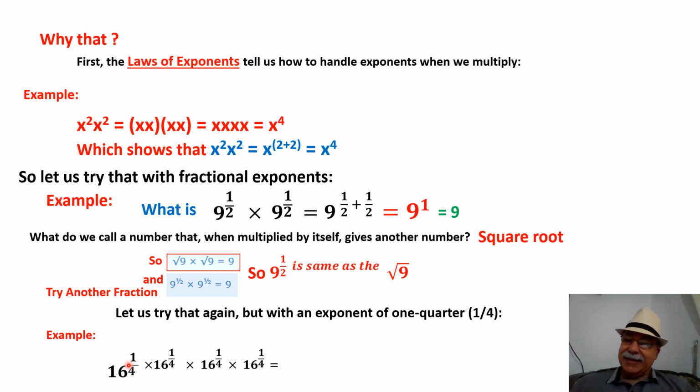Meaning, as 16, as a quarter, we get here like this: 16 to the quarter plus quarter plus quarter plus quarter. Here there should be a 1 for the 16. I forgot to write it, I am so sorry about that.